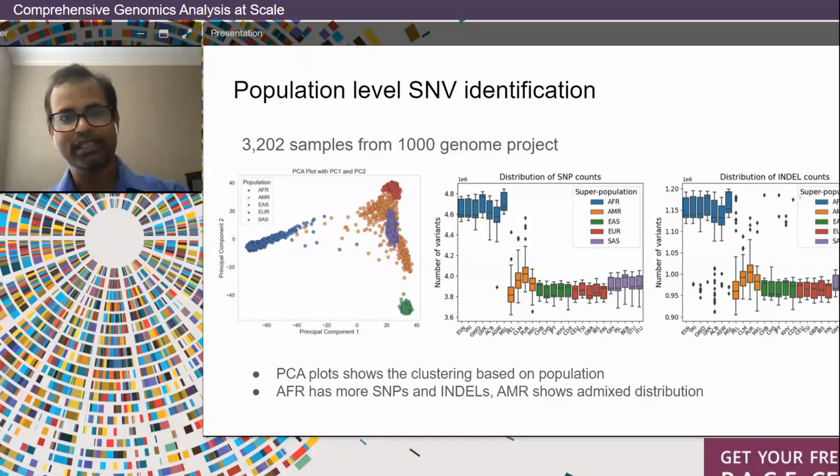The orange one is from the American population, which is admixed, so it is more scattered than the other populations. The right two figures are the counts of SNPs and indels for the various populations. You can see that for the African population, both SNPs and indels are much higher than in the other populations, and there are some outliers in the African population, as in the other populations as well.